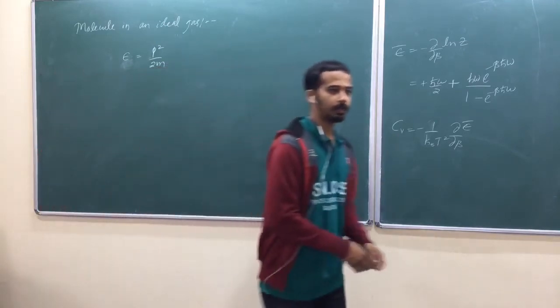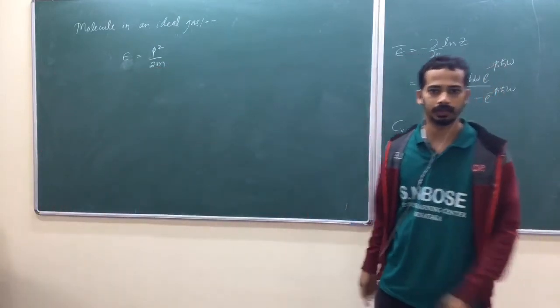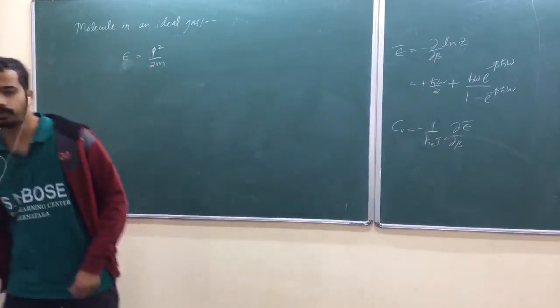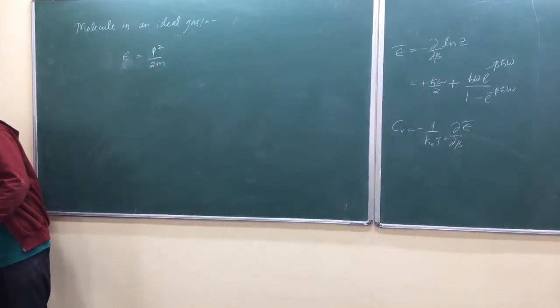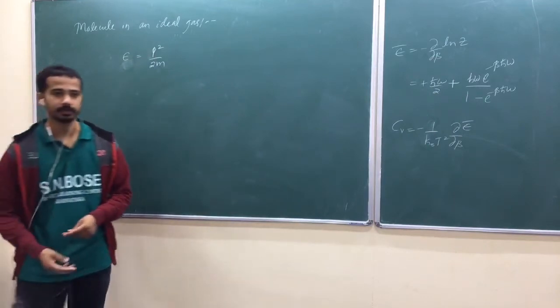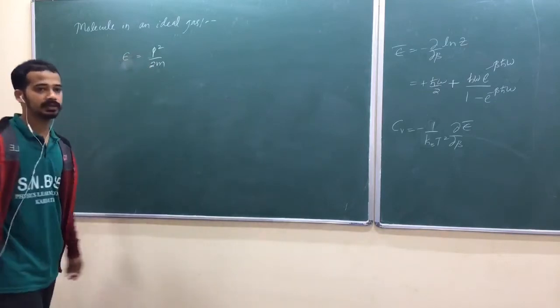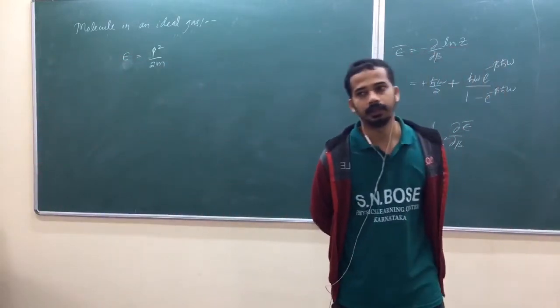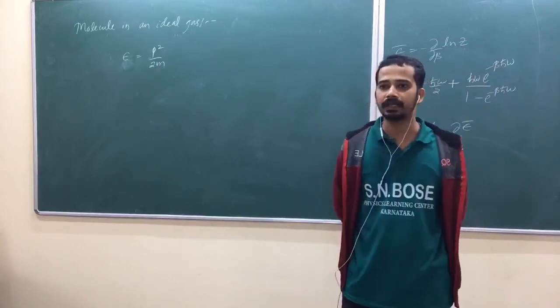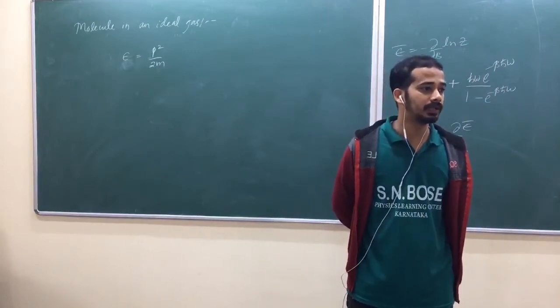So we will go directly for one particle. For a molecule in an ideal gas, how do you define probability now? What is the specification of state of the system?